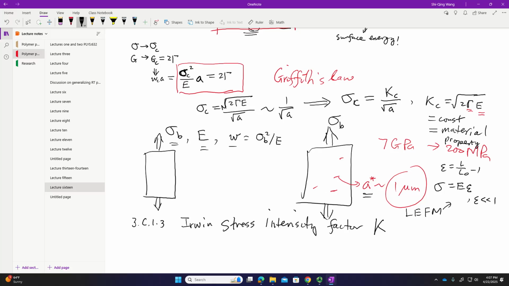So in this linear fracture mechanics, it's possible for you to show that this new quantity, K, I will repeat this quantity many, many times in the future.